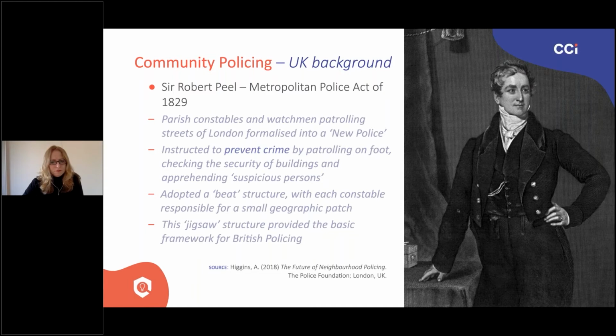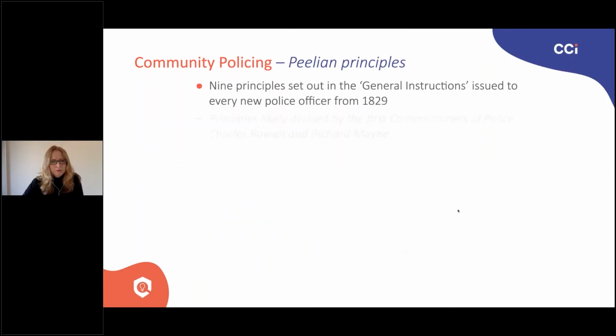And this force was constructed to prevent crime by patrolling and checking security of buildings and apprehending suspicious persons. But it adopted a beat structure with each constable responsible for a small patch. And this jigsaw structure has provided the basic framework for British policing pretty much ever since.